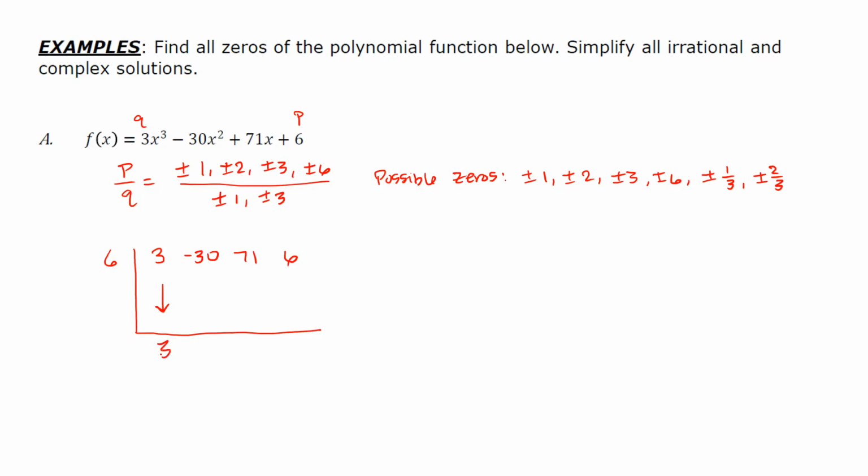Bring down the 3, multiply, add, multiply, add, multiply, and add. Let me see here that 6 actually is a zero of f of x. Okay? So this will give us the factored form of x minus 6 times 3x squared minus 12x minus 1.